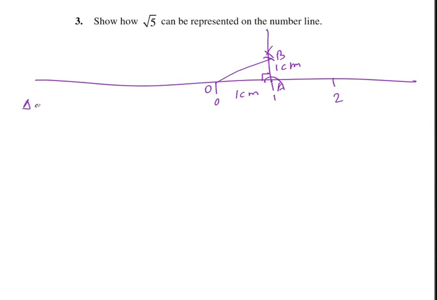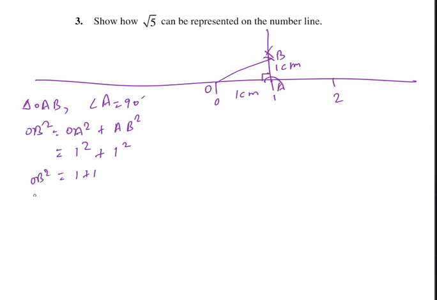So in triangle OAB, angle A is 90 degrees, so OB square equals OA square plus AB square. OA square is 1 square, plus AB square also 1 square. So 1 plus 1 becomes 2. So OB square is 2, OB becomes root 2.